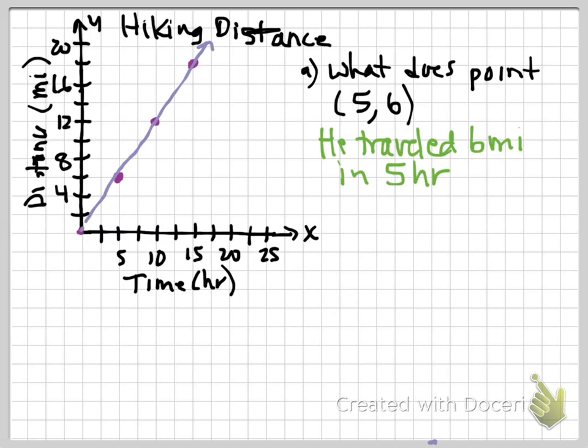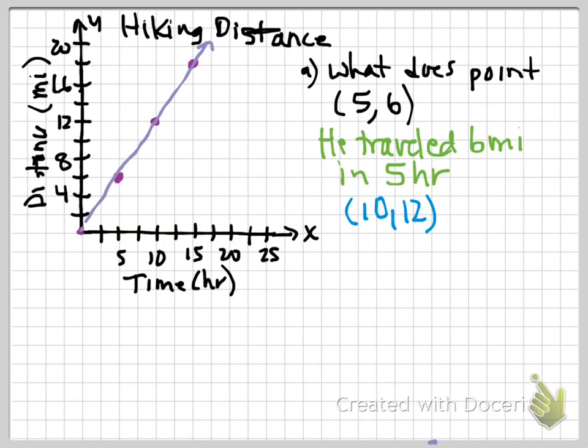Now, that makes me wonder if perhaps there's a relationship going on between how long he travels and how far he travels. In other words, did the backpacker walk at a constant rate? So let's explore the others. Walk, hike, same thing. So if we have the next point is 10, 12, let's see if that would work out.